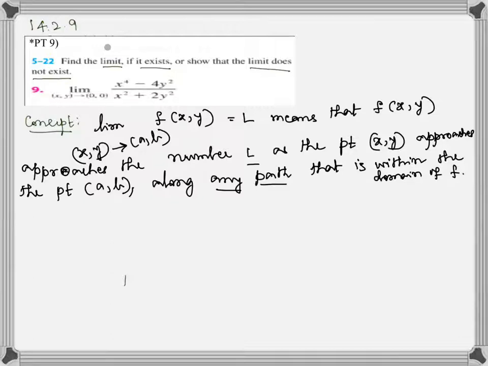In these problems, showing that the limit does not exist is usually easier than proving that the limit does exist.